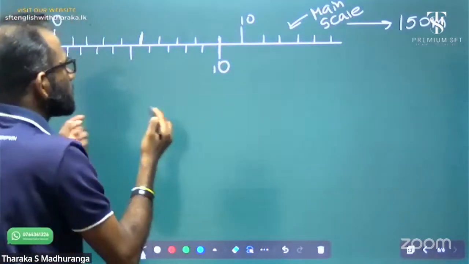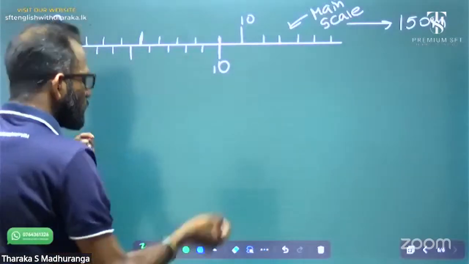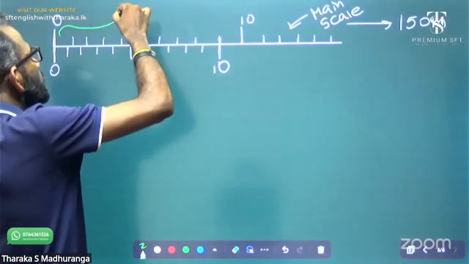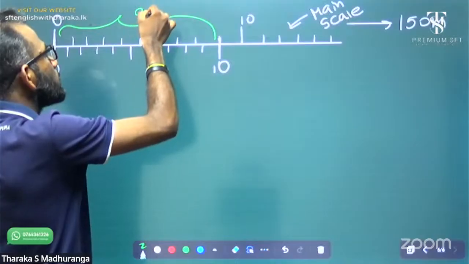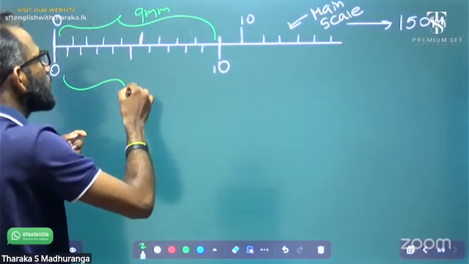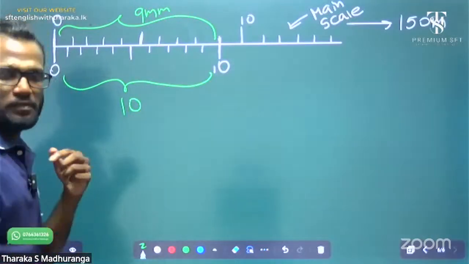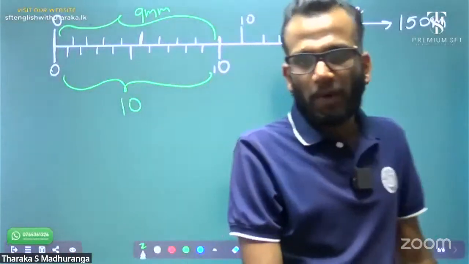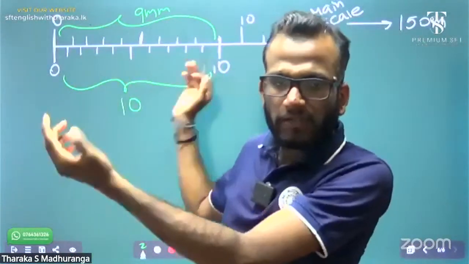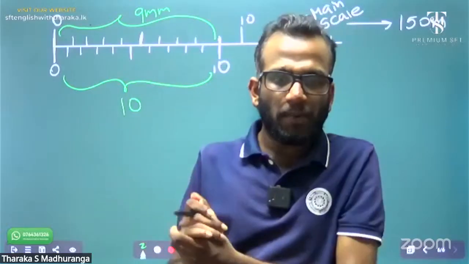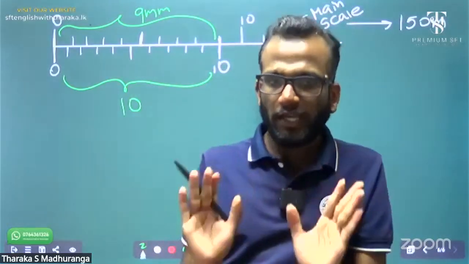That is the main principle. I told you that in the common vernier caliper, 9 millimeter on the main scale is divided into 10 identical parts. This is the main principle of the vernier caliper.